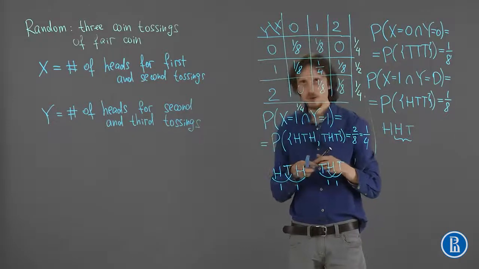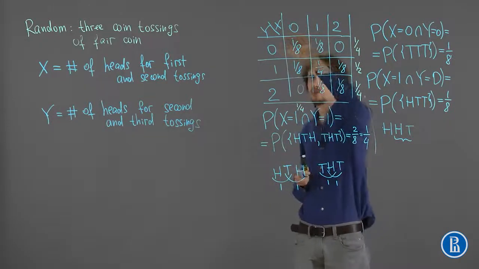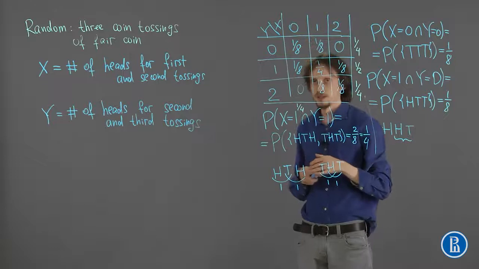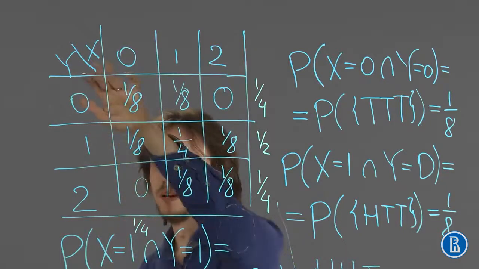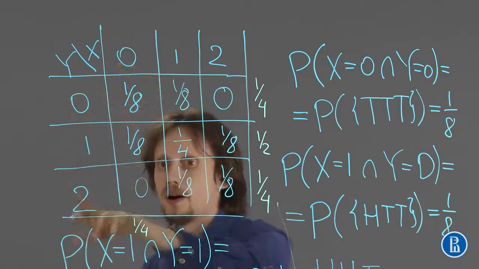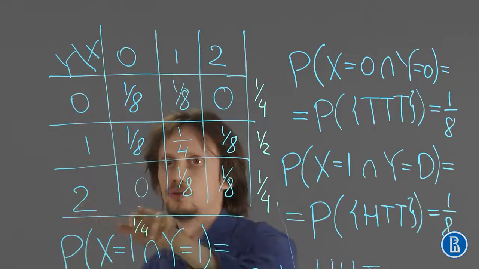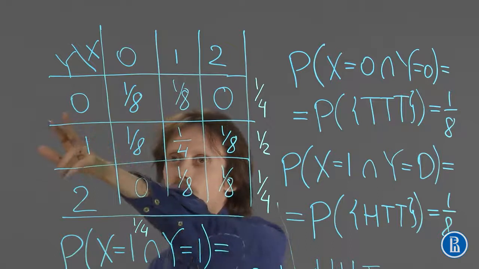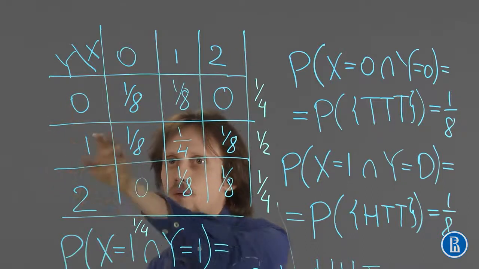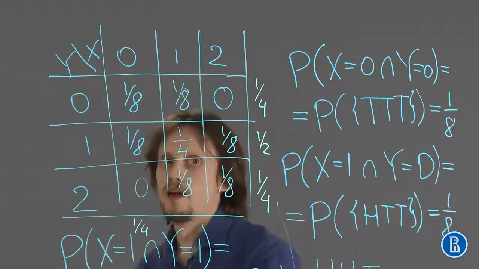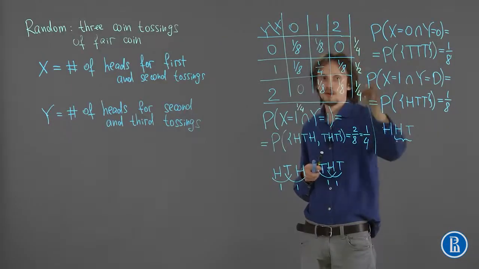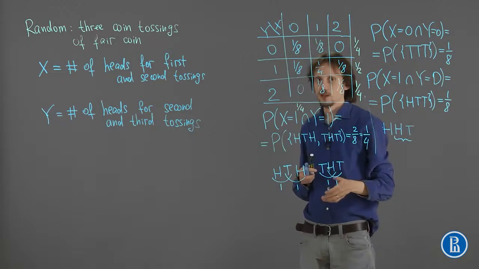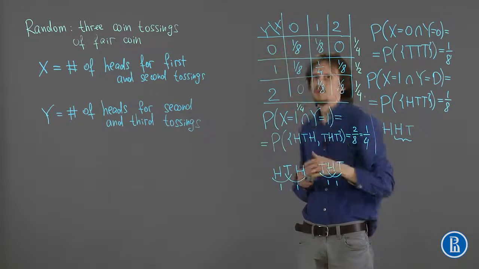However, if we know that x equals 0, it doesn't give us precise information about the value of y. We see that if x equals 0, then y cannot take value 2, but it can take values 0 and 1 with equal probabilities. It is different from the distribution of y, but it doesn't give us the exact value of y.